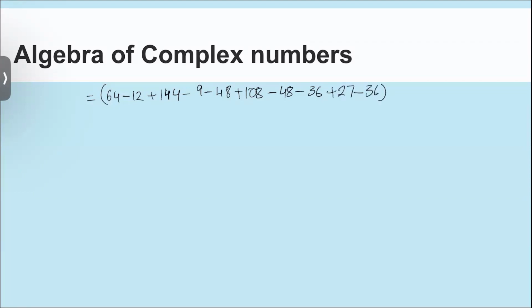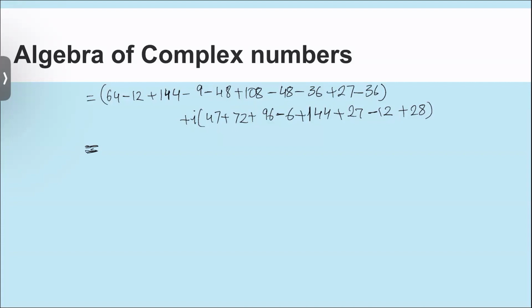Okay, so these are all the real parts, and then you have i, and you have 47 plus 72 plus 96 minus 6 plus 144 plus 27 minus 12 plus 28. Okay, so some terms have already been reduced, so it gets easier.